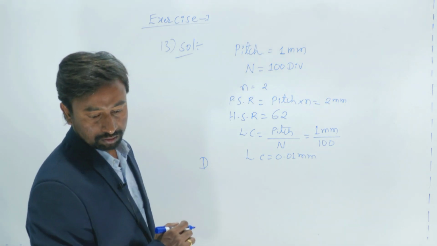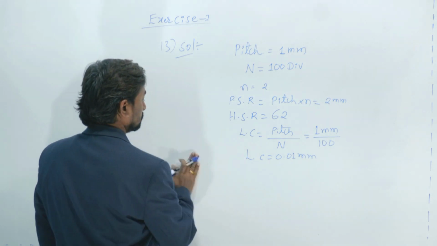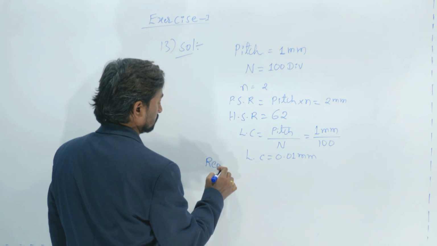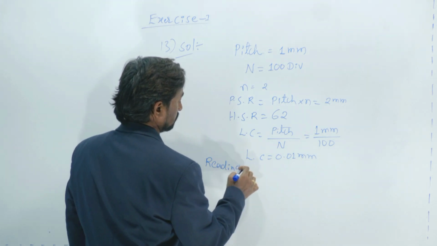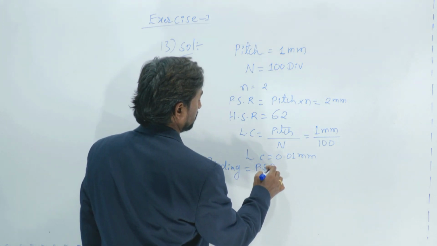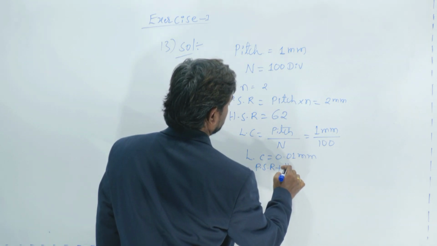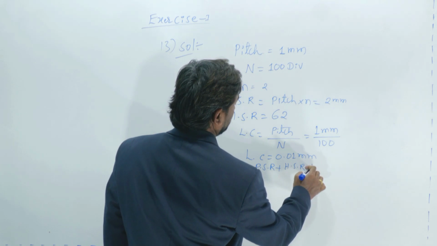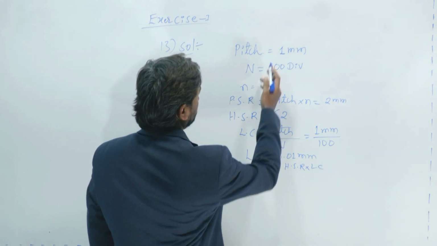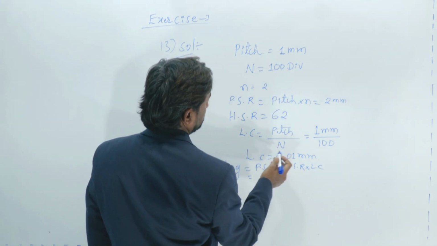They are asking for the measurement reading. So reading is equal to PSR plus HSR into least count. Here PSR is this value.